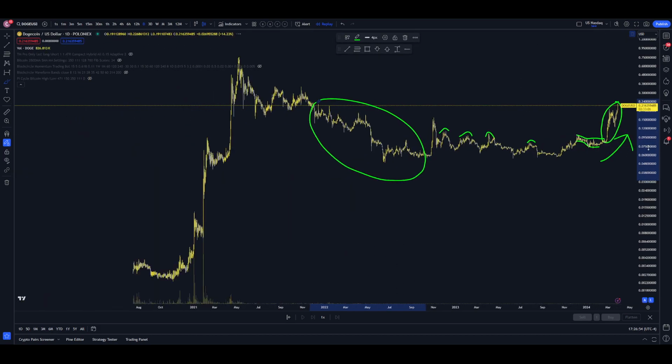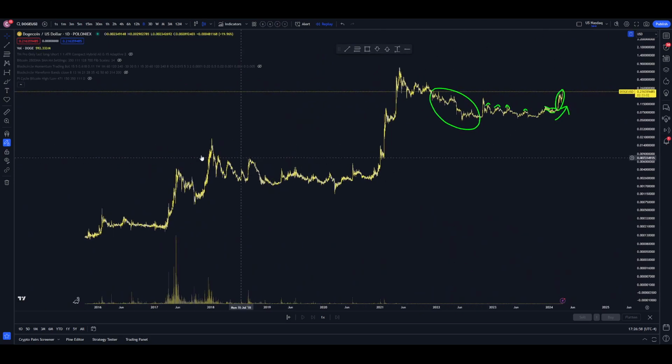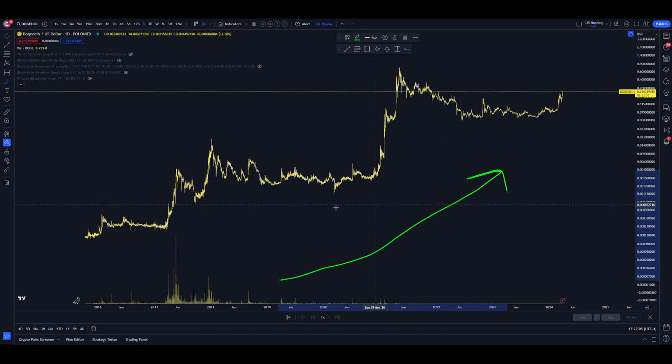But let's look at the real big picture for Doge, right? In general, for Doge, we would rather play on the long side. We would rather be a buyer because big picture, since Doge launched in 2016, this asset is in a long-term uptrend.